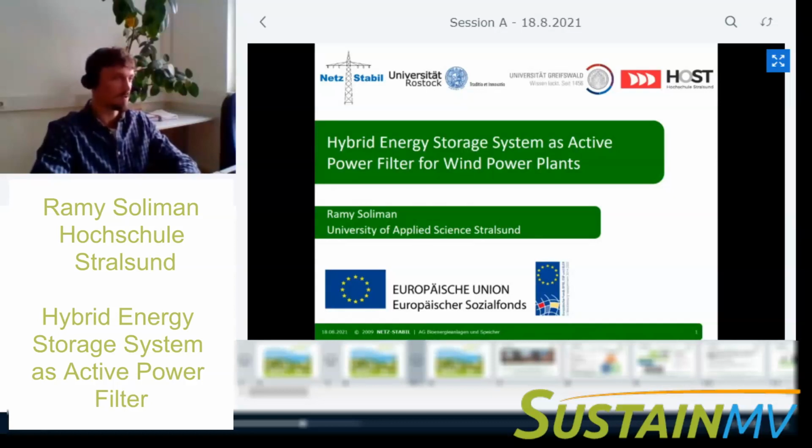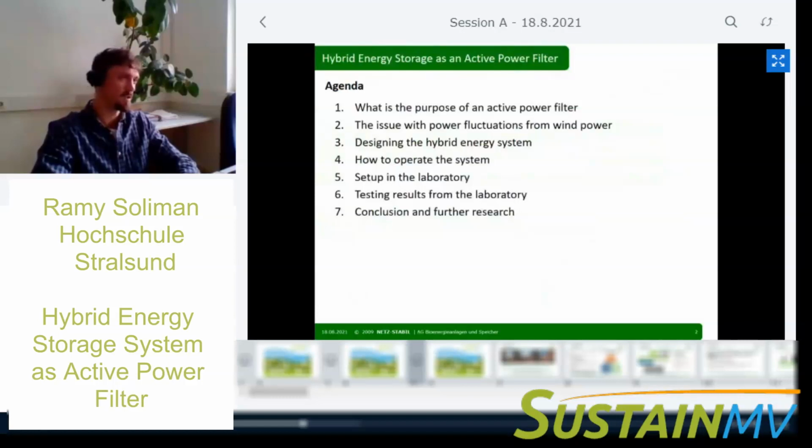So let's start with a short agenda, what you can expect from this presentation. First of all, I will start with the purpose of an active power filter as we see it, and then with what's the actual issue with power fluctuations from wind power, and afterwards some part of the designing process of the hybrid energy system and how to operate the system, or what's crucial about the operation of this system.